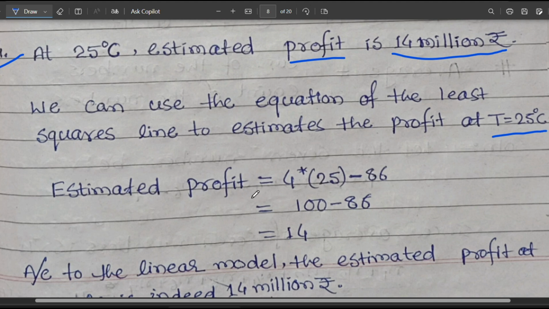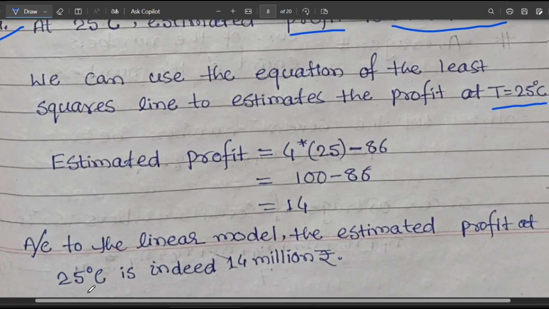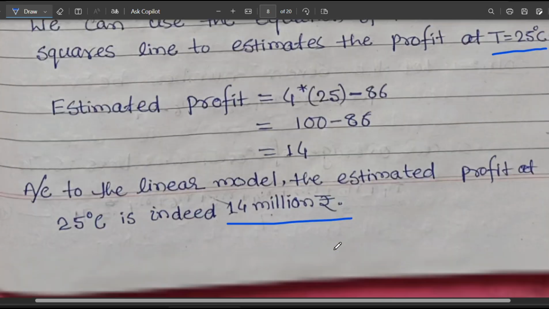So estimated profit is 4T minus 86. T is 25, so we get 100 minus 86, that is 14. According to the linear model, the estimated profit at 25 degrees Celsius is indeed 14 million rupees. That we got by formula.